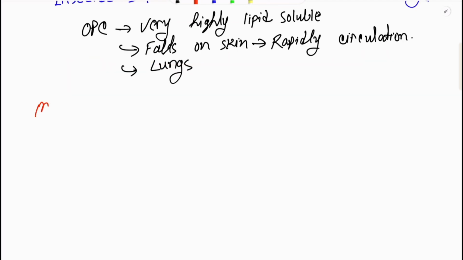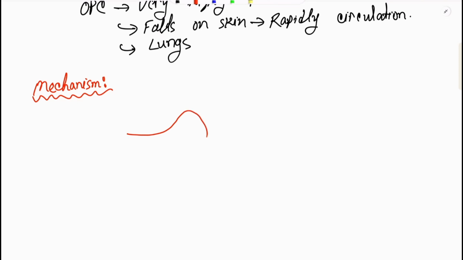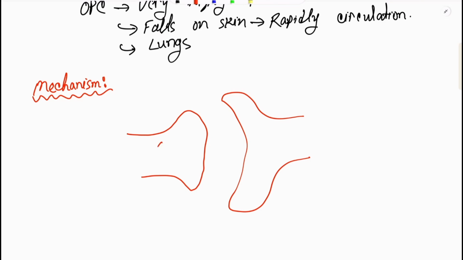Now the mechanism of organophosphorus compounds. This is our presynaptic membrane, this is our postsynaptic membrane, and acetylcholine is synthesized and stored in the presynaptic membrane. On proper stimulation, it is released into the synaptic cleft and stimulates the acetylcholine receptor on the postsynaptic membrane, thus stimulating the parasympathetic nervous system. After acetylcholine does its job, it gets metabolized.